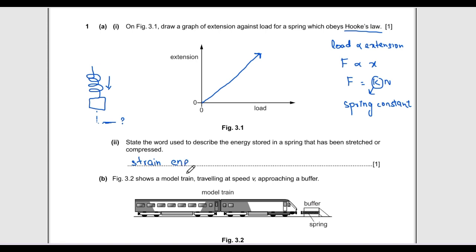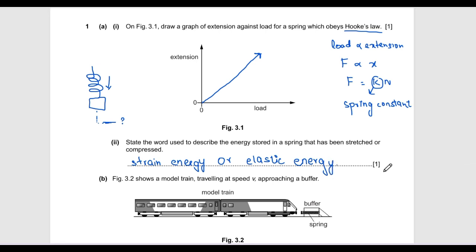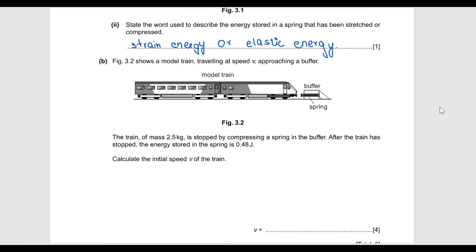And there's another word you can use instead of strain energy. You can also call it elastic energy, because a spring is elastic and any elastic body is supposed to store elastic energy when it is stretched or compressed. You can write either of them. You'll get 1 mark for it and 1 mark for this graph. So 2 marks are done.